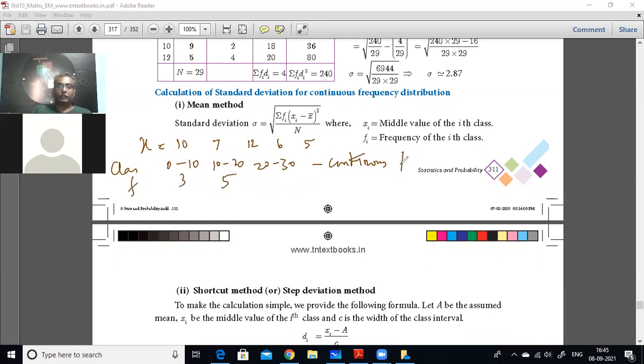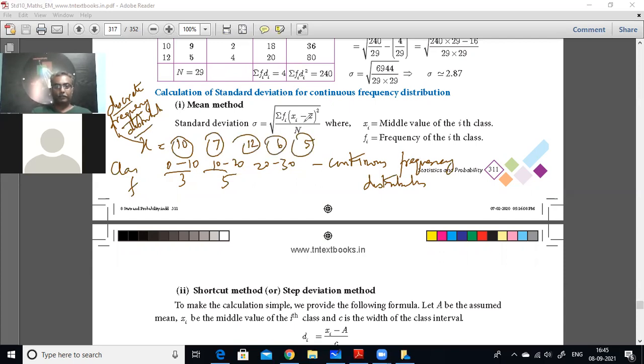So this is called continuous frequency distribution. You understand why it is called like that? Because the data is a class. Here, this is discrete frequency distribution, because the data is separate, individual data is given.